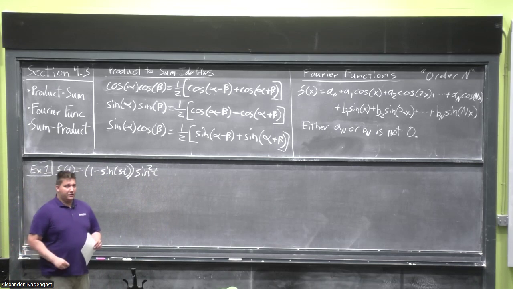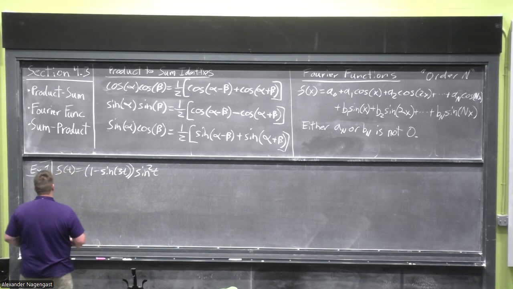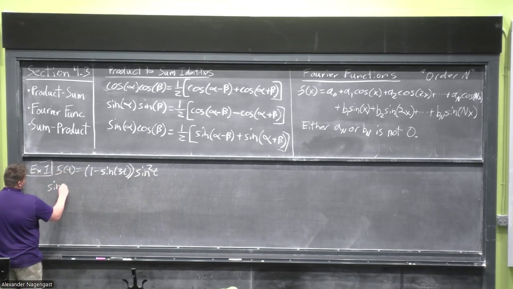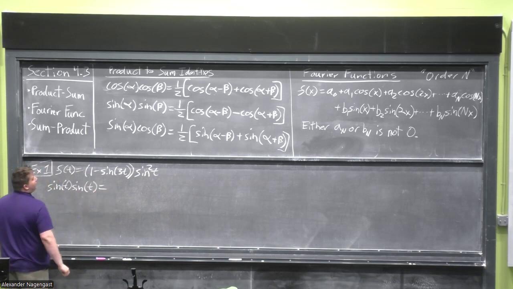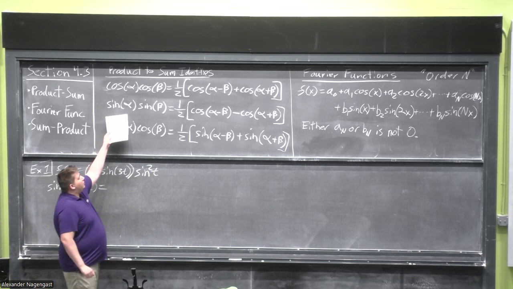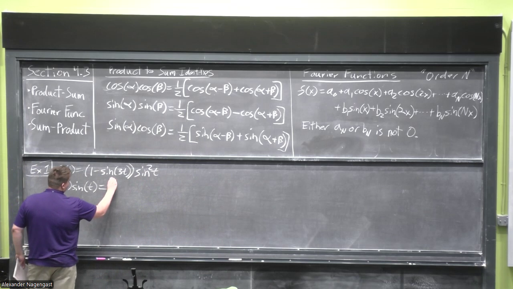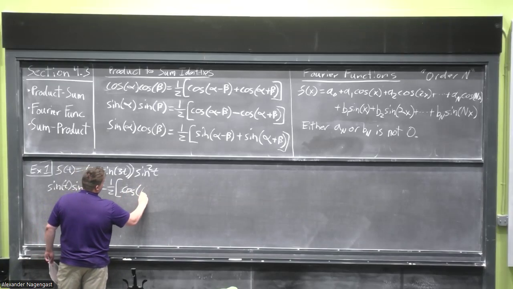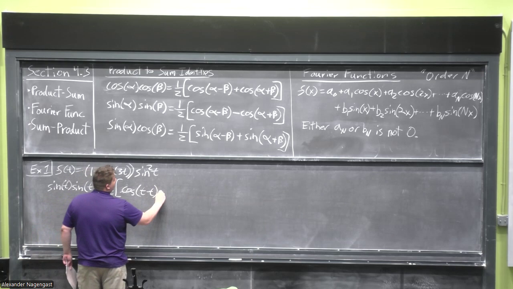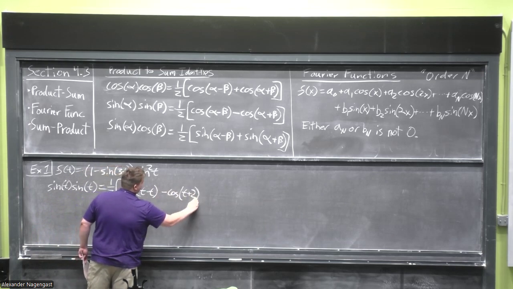So this is one of those situations where we're going to take this sine squared and say that that is really sine t times sine of t, which we can use our product to sum identity to get this equaling 1/2 times the quantity of cosine of t minus t minus cosine of t plus t.